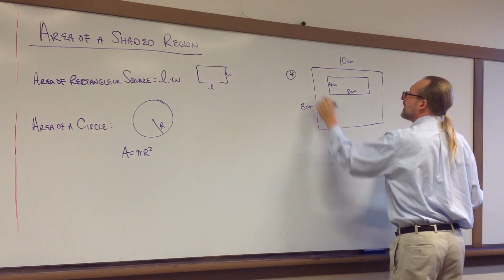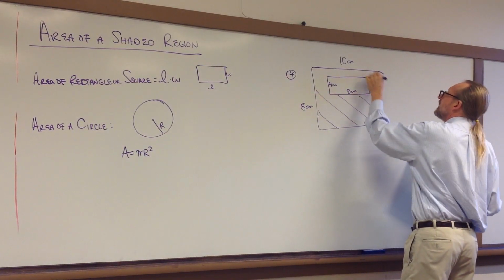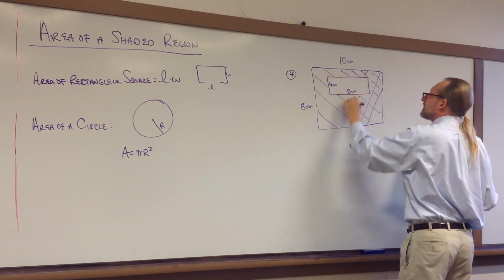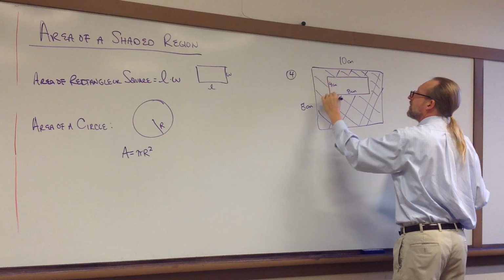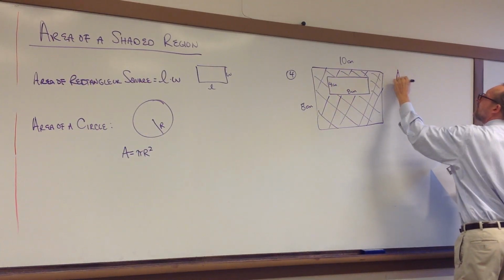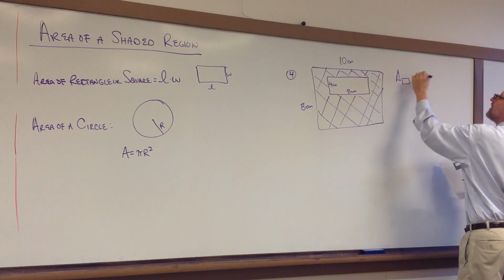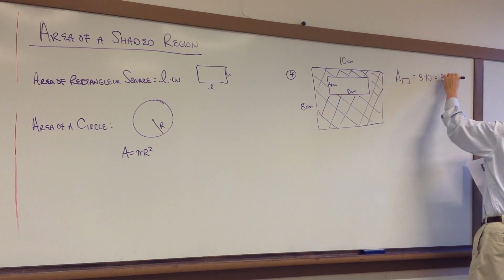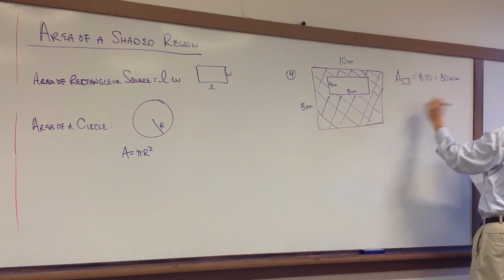And then the shaded area that we're interested in is everything in the big rectangle that's not in the small rectangle. So there we go. So again, the area for the big rectangle is going to be 8 by 10, or 80 square centimeters.